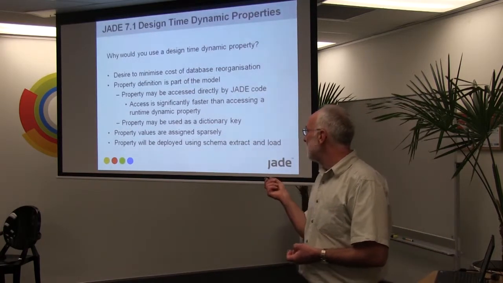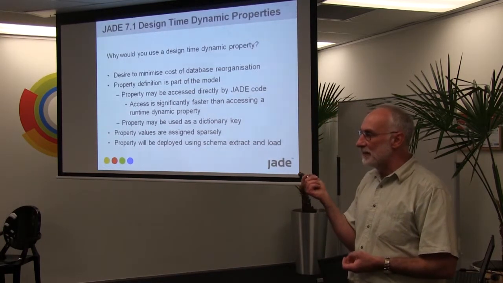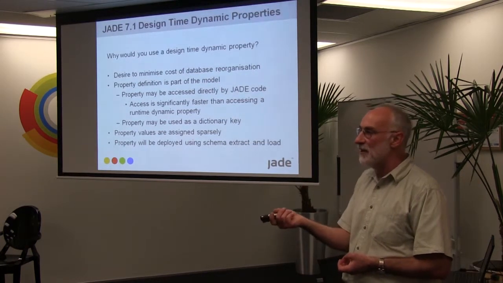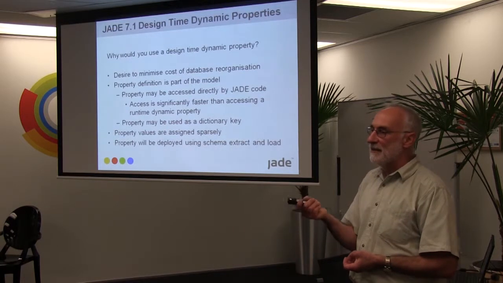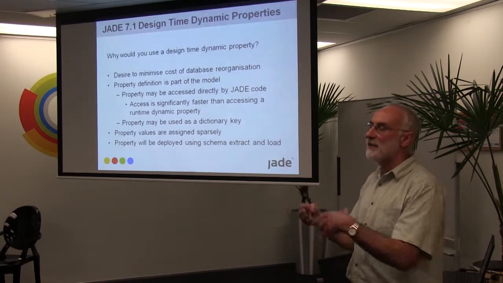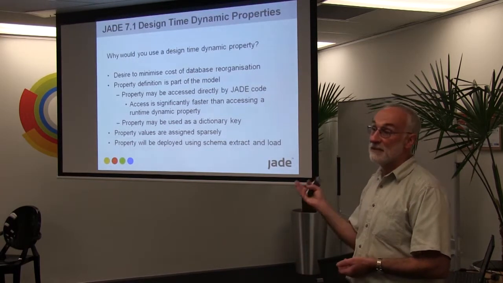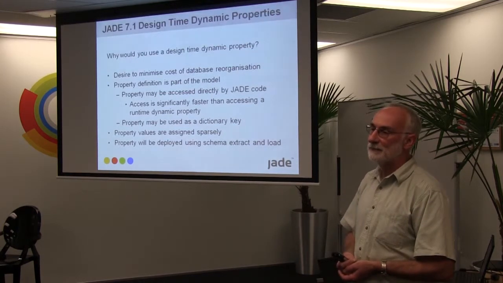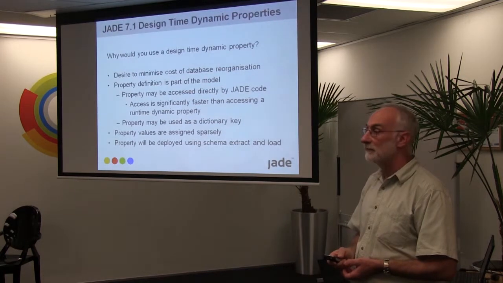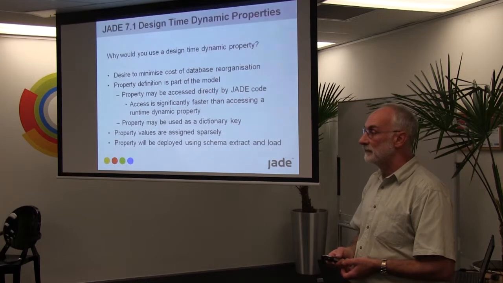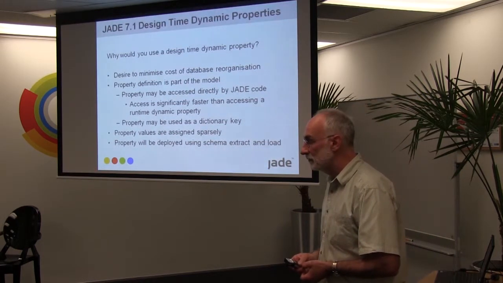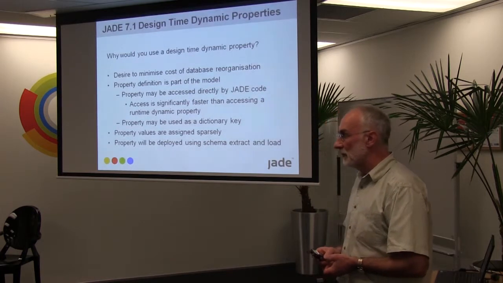I've mentioned that the property values for dynamic properties are only assigned to the cluster as you assign the values to the property. So if you've got a property that you want to add and only some instances are going to have a value, then that's probably a good candidate for a dynamic property. What's the difference in performance between accessing a static one, ignoring the I/O, and accessing a dynamic one? Because you've got to resolve the definition into the cluster, don't you?